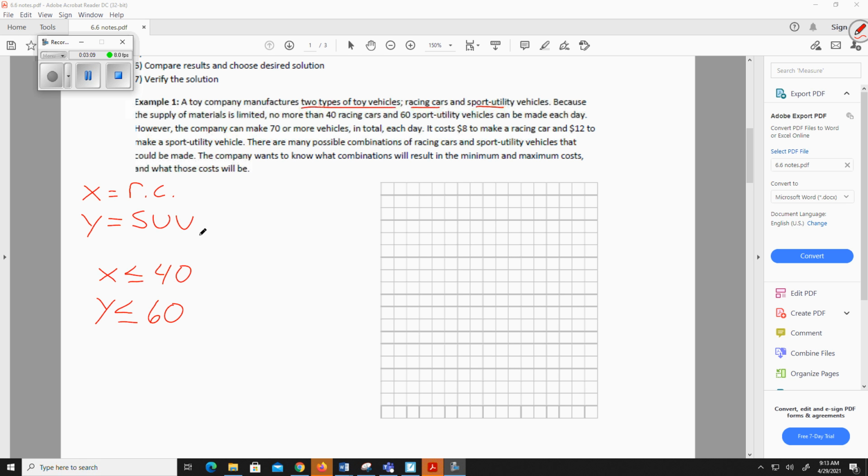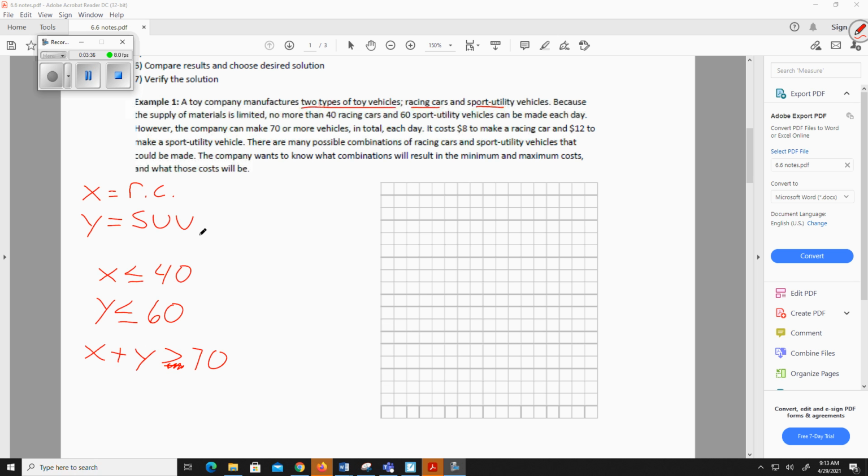Terry, you're going to have to wait till I'm done this, okay? Now, the company can make 70 or more vehicles in total each day. So if you add up all your race cars and all your SUVs, that's going to be greater than or equal to 70.